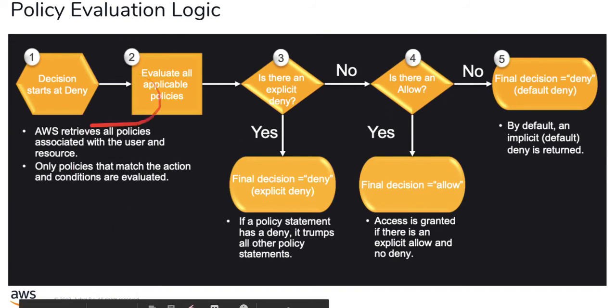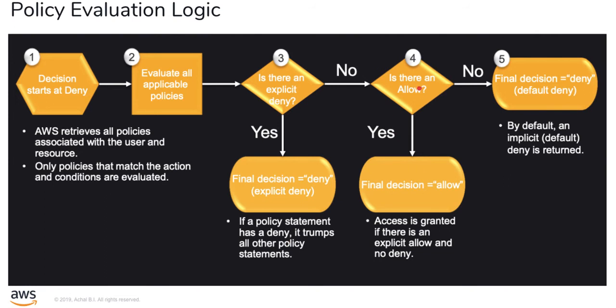So let's quickly understand the policy evaluation logic. The first decision starts with the deny. It will evaluate your applicable policies. If there is any explicit deny in a policy which is matched, it would be denied.